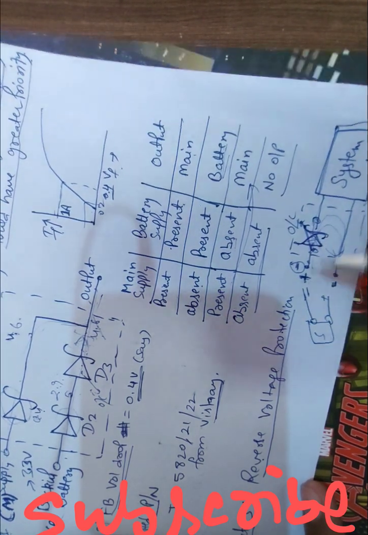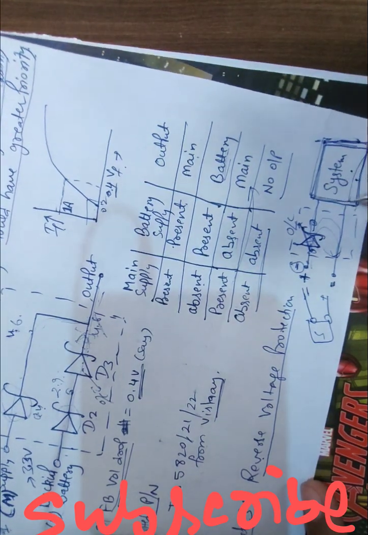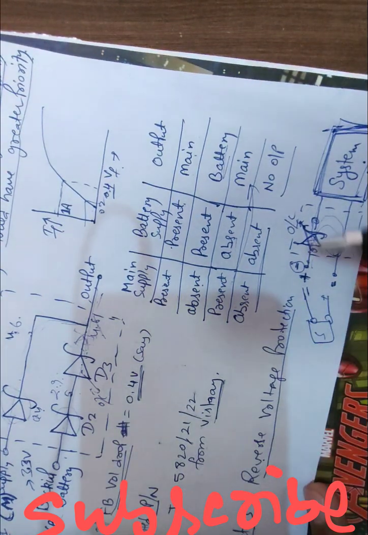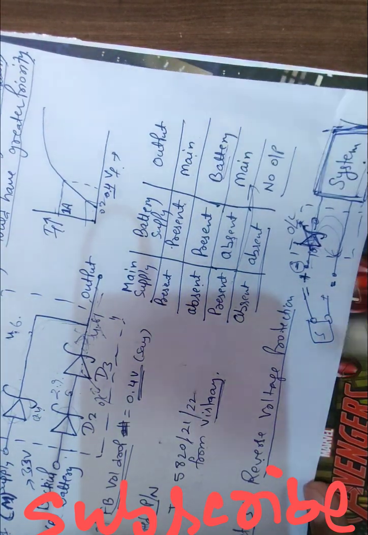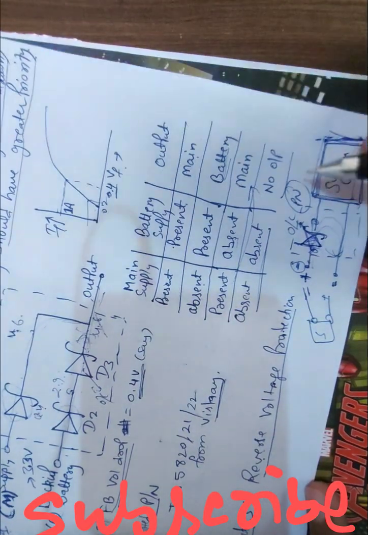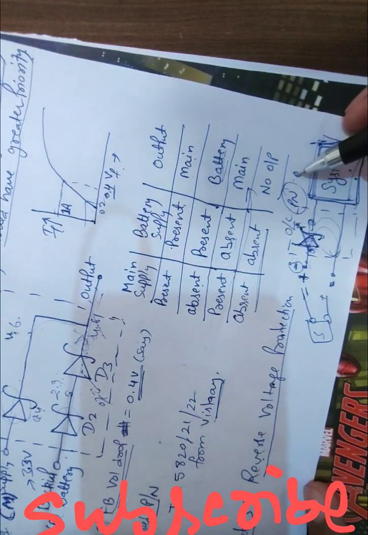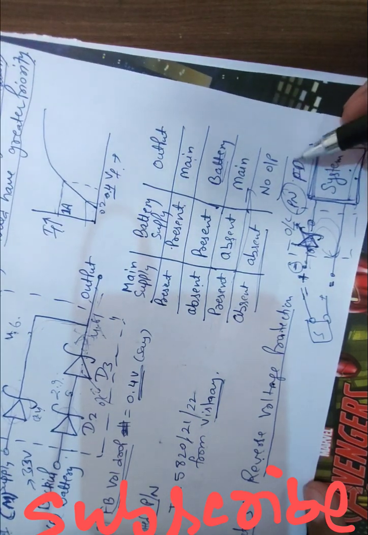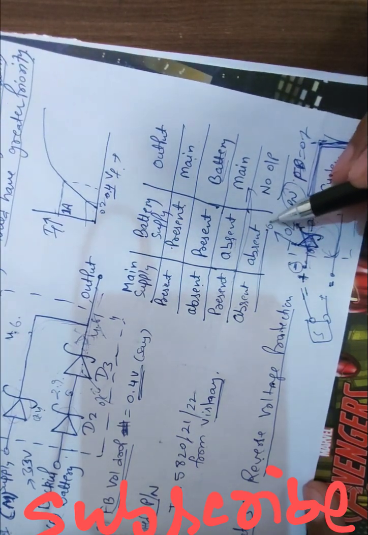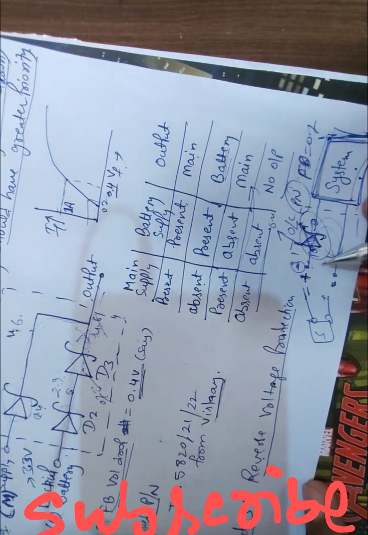So there is no damage to your system. You can use a Schottky diode for reverse voltage protection, but not a PN diode, because of the previous reason: the forward bias voltage drop in the PN diode is 0.7, and in this circuit the Schottky diode is 0.4 or lesser. And another reason is that it is fast switching. You can fast switch.